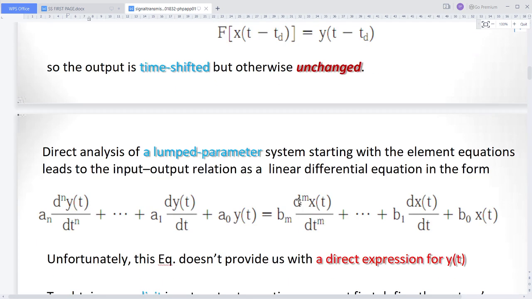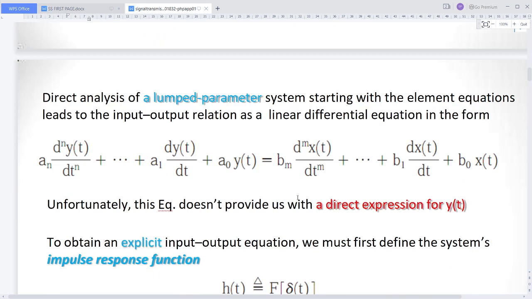Now it is a direct analysis of a lumped parameter system, starting with the element equation that leads to the input output relation as a linear differential equation in the form. Lumped parameter system we have also discussed in the first unit. That means if you want to calculate the response of a system whose components are lumped together, very close together, then that system is called a lumped parameter system.